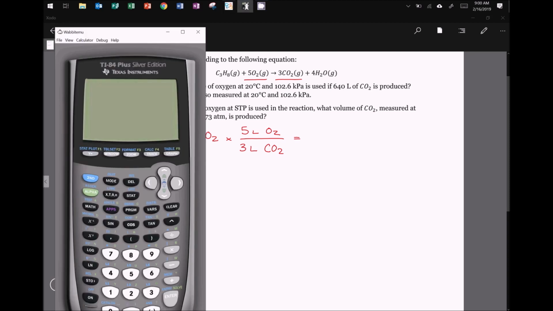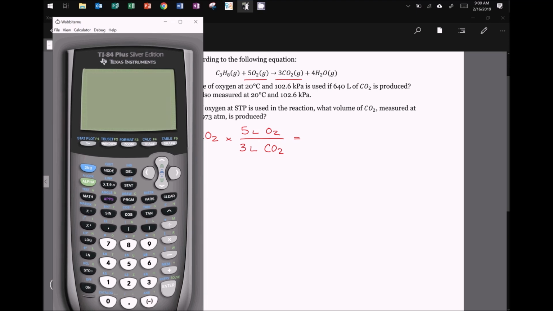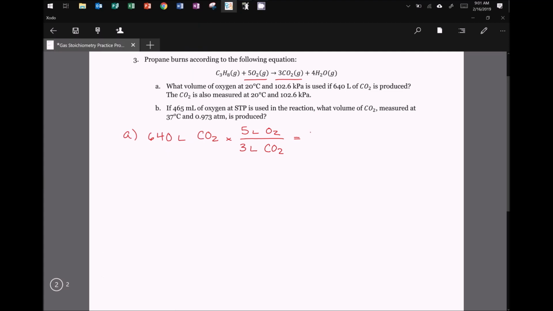And let's see here, that is 640 times 5 over 3, that is 1066, and we are looking at 3 sig figs, so let's round that to 1070 liters of O2.